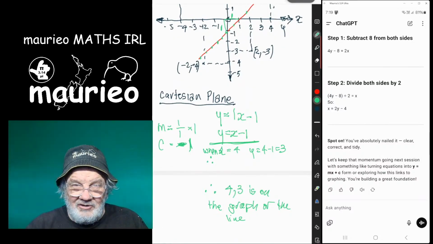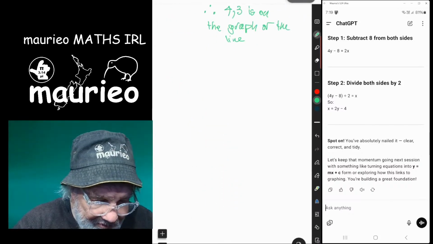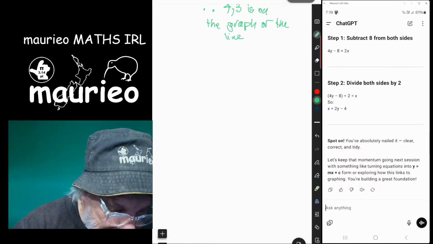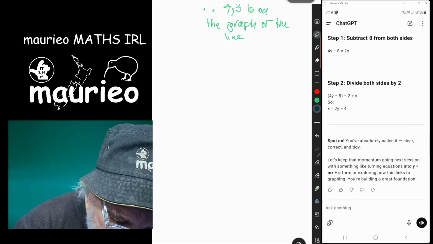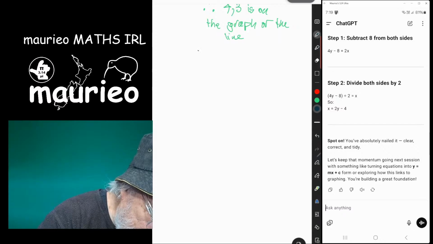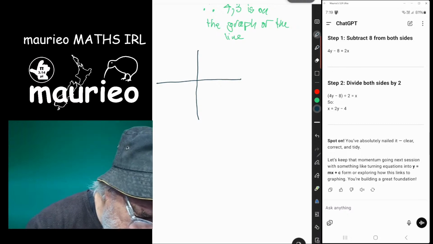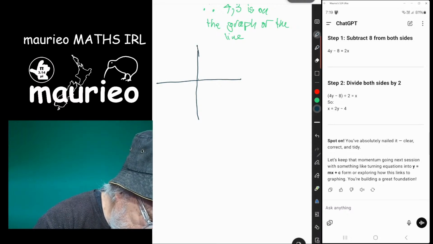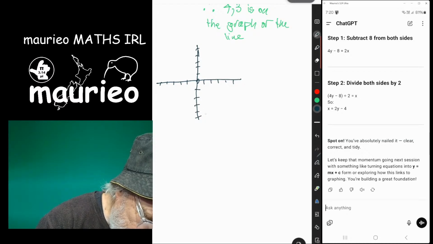Okay, right, now let's see. So that was y equals x minus 1. So let's just pop up to here a bit, and I'll draw up another Cartesian plane here, and 0, and then 1, 2, 3, 4, 5, 1, 2, 3, 4, 5, 1, 2, 3, 4, 5, 1, 2, 3, 4, 5.